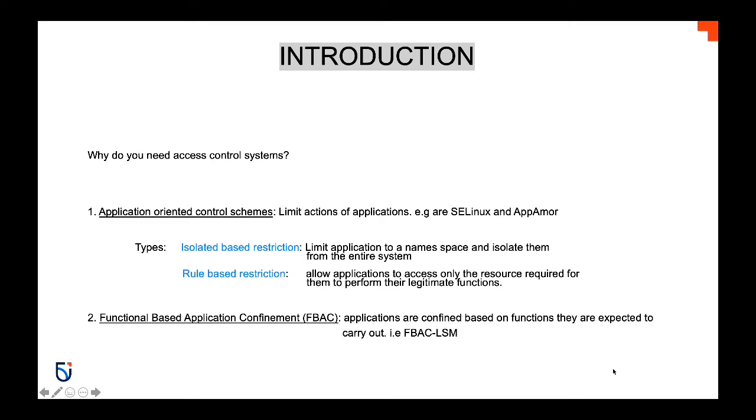So why do we need access control systems? Different operating systems use different security mechanisms to control or confine what individual users may do or may not do. Usually, whenever a process is executed by a specific user, that process inherits all the privileges of that user.